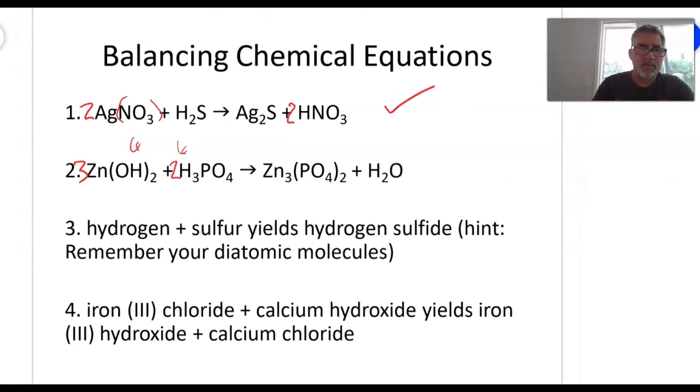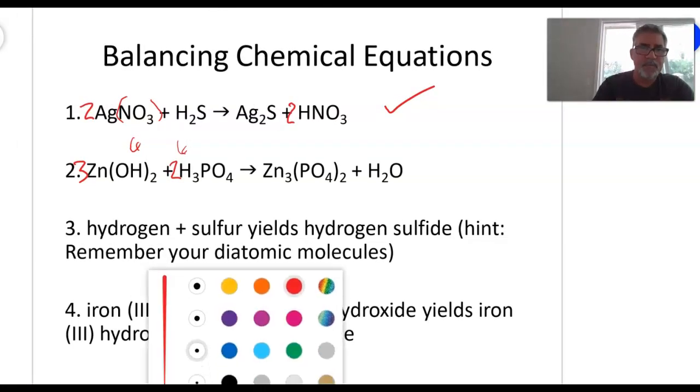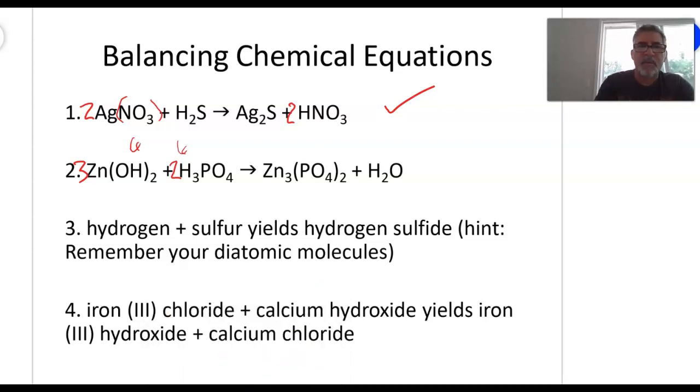So I can try to make, hold on a second, I've lost my, there we go. Alright, so I can make this a 6 here, so I have 12. So let's go ahead and count now. Let's count my oxygens. Let's erase these.